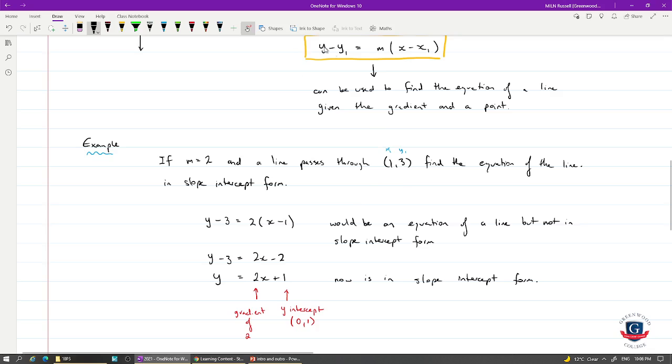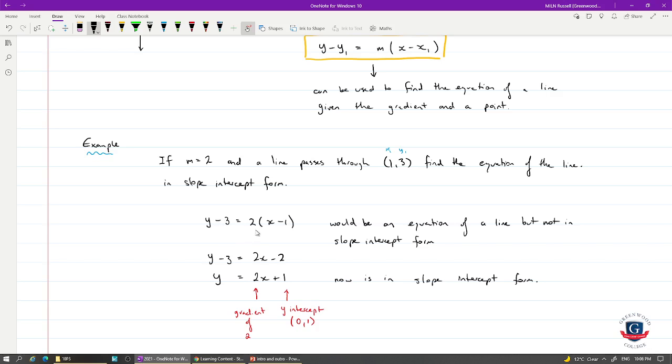We take this equation from up here and we put (1, 3) in for x1 and y1. You can see over here I've labelled it x1 and y1. Where y1 goes, I've put the 3, and where x1 goes, I've put the 1.